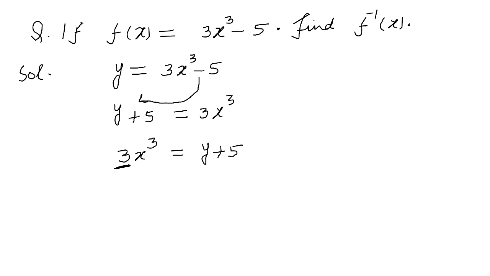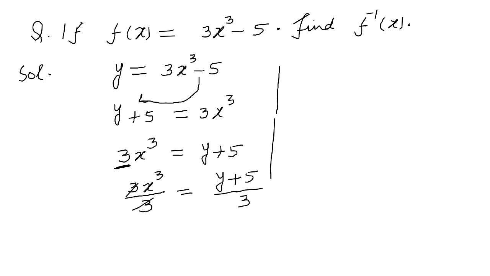Here we have 3 times x cubed, so divide by 3. The 3 cancels, and what remains is x cubed equals (y plus 5) divided by 3. You must remember you have to find x all the time.